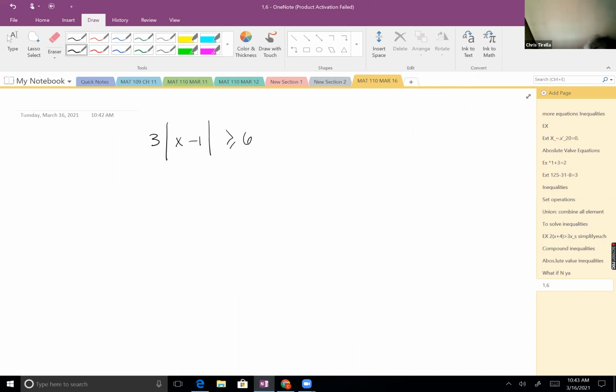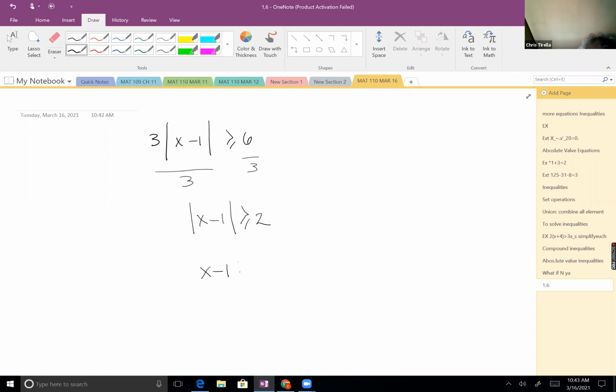With this one, does everybody see the need to get the absolute value alone? We'd want to divide both sides by 3, giving us the absolute value of x minus 1 is greater than or equal to 2. Again, we're saying it's further from 0 than 2. So we're going to have 2 inequalities in opposite directions.